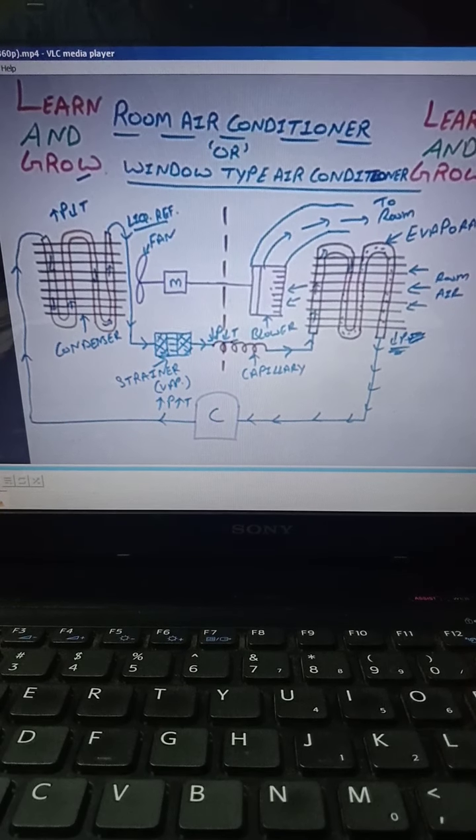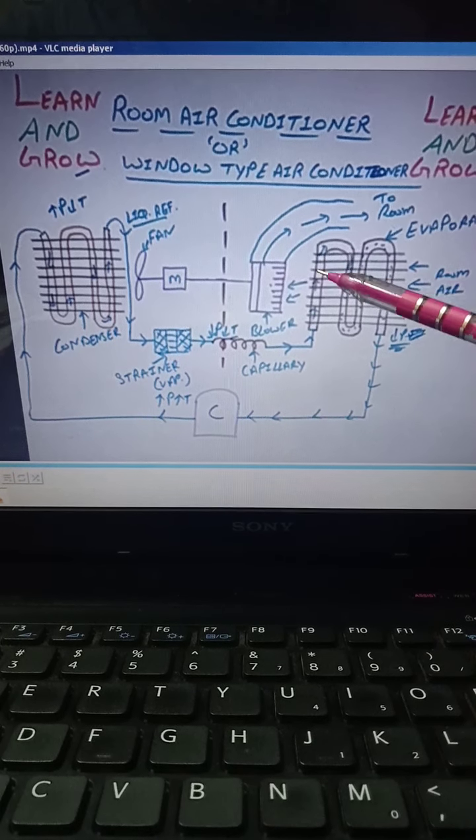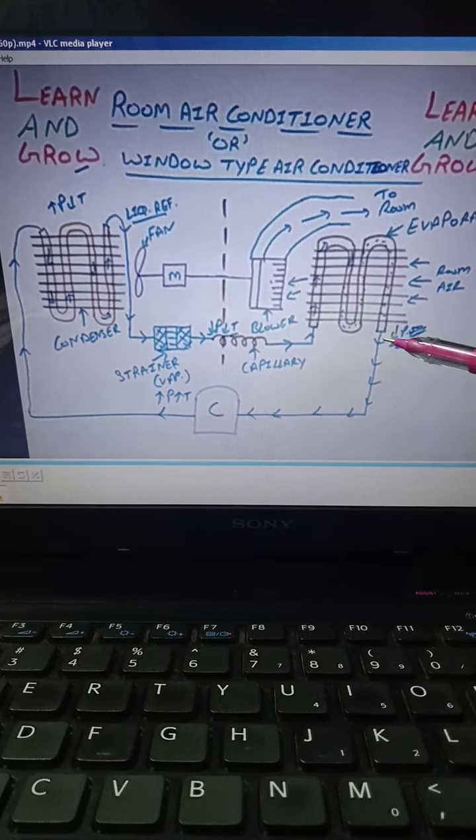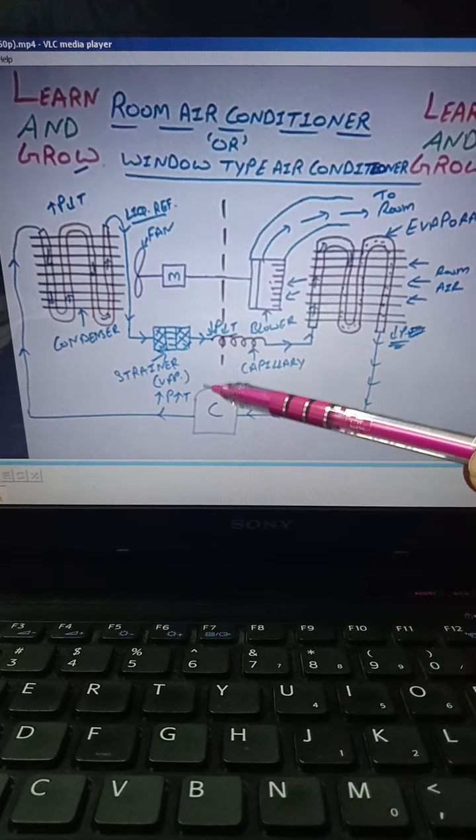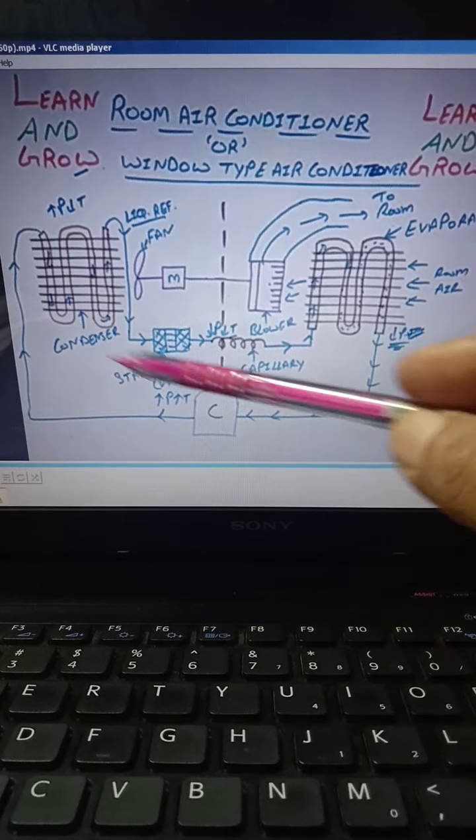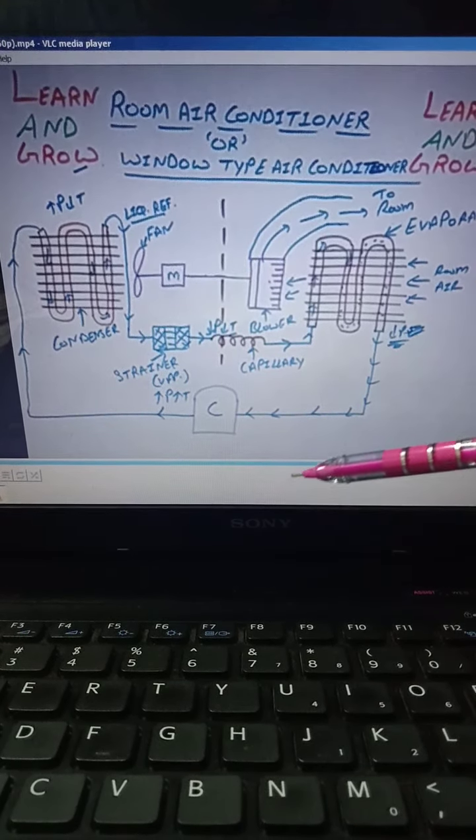So when this liquid absorbs the heat again from the atmosphere, it gets converted into vapor. It is again sent back to the compressor. So this cycle will be continued, and it will be repeated.